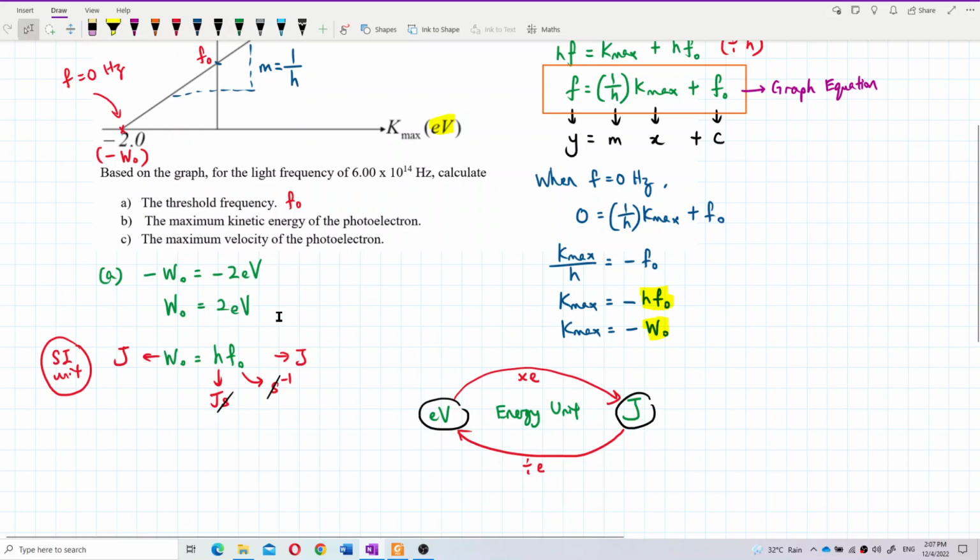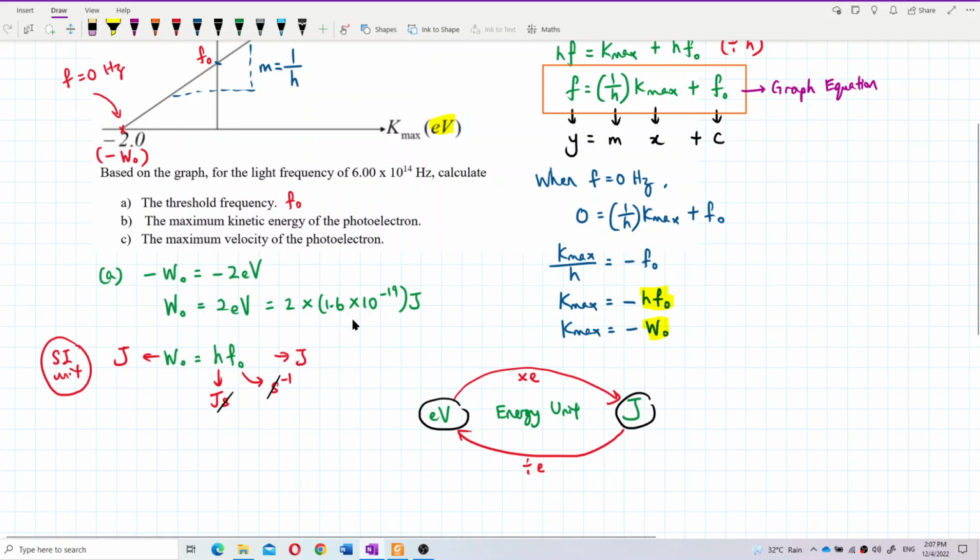So we convert to joule first. That means multiplying by the electron charge, which is 1.6 exponent negative 19, and then you get joule. Let's calculate. 2 times 1.6 is 3.2.